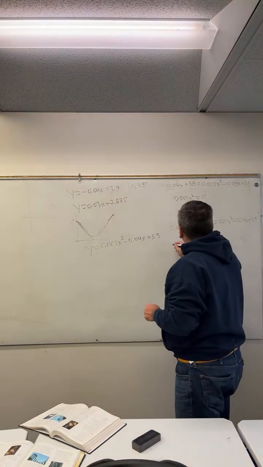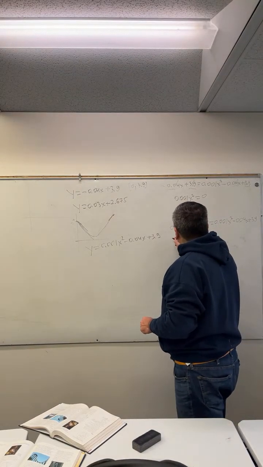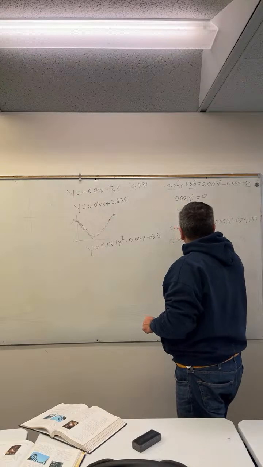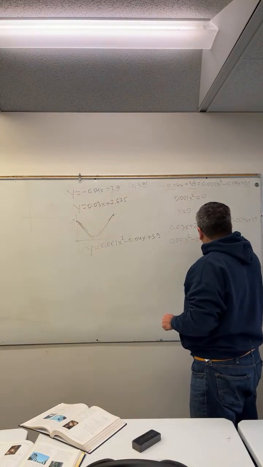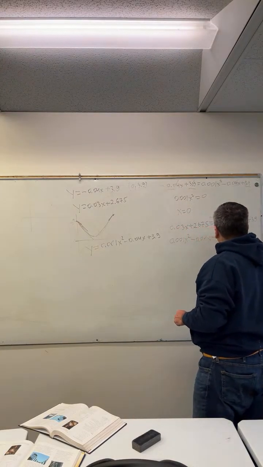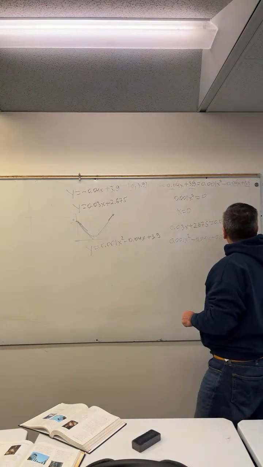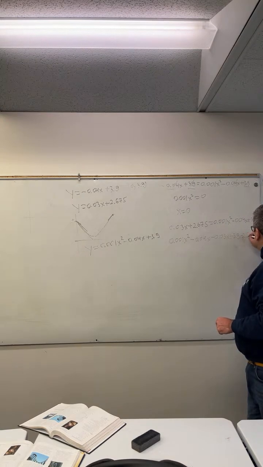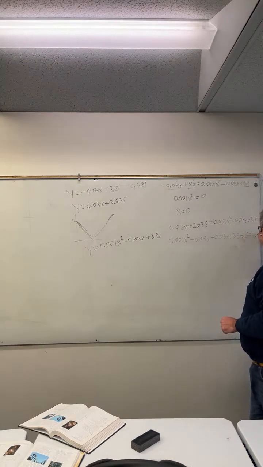So we move everything to one side. So we have minus 0.04x minus 0.03x plus 3.9 minus 2.675 equals 0.